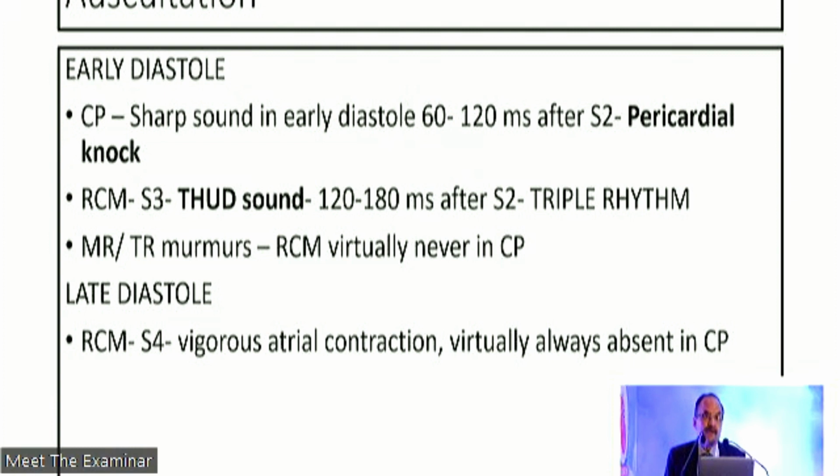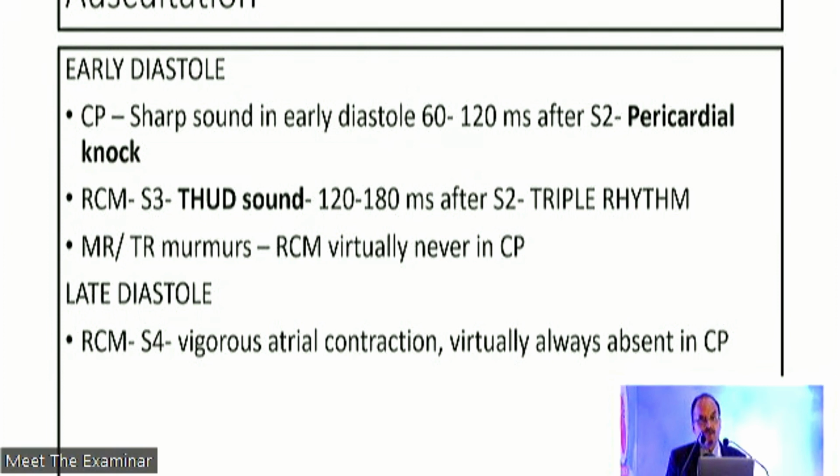Also, please remember that if you have murmurs of MR or TR present, these are almost never there in constrictive pericarditis. So if you find a regurgitant murmur, it is suggestive of restrictive cardiomyopathy.